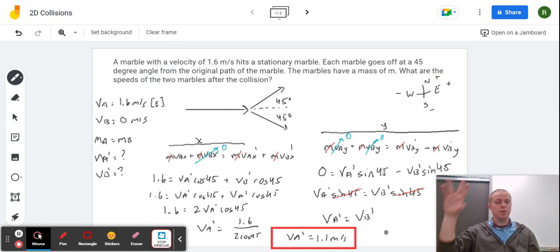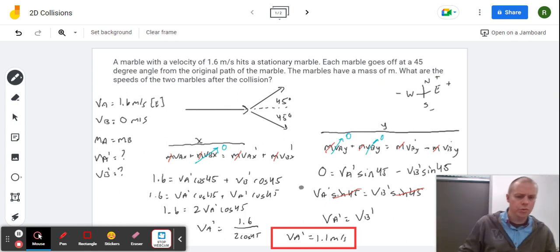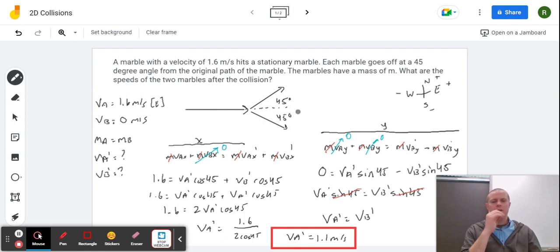And that's the answer that was posted in the notes, but this kind of shows you how to get there. So important things to be aware of in this versus a normal conservation of momentum problem is we have to split it into X and Y. And there will be times where something will have momentum in the X, but will not have momentum in the Y direction, right?